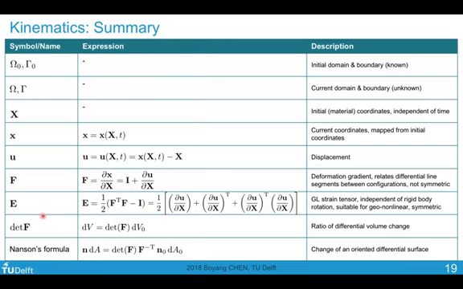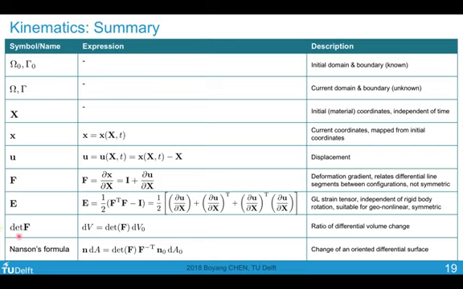We have the Green-Lagrange strain tensor. It is independent of rigid body rotation, therefore it's suitable for geometrical nonlinearity. It's symmetric, and it applies to quantities defined in the initial configuration, which means that, remember, when we want to get a strain along a particular direction, we pre- and post-multiply E, the Green-Lagrange strain tensor or matrix, by dX hat, which is the unit vector of a line segment in the initial configuration.